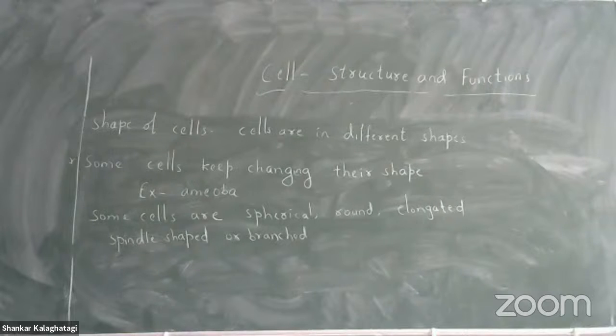So here, shape of cells means humans have millions of cells.